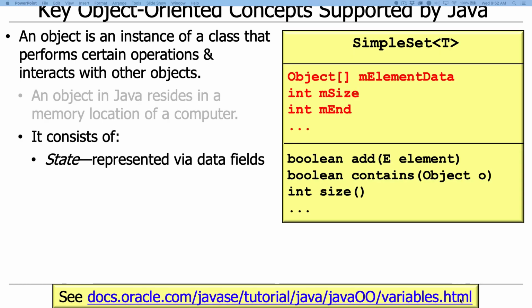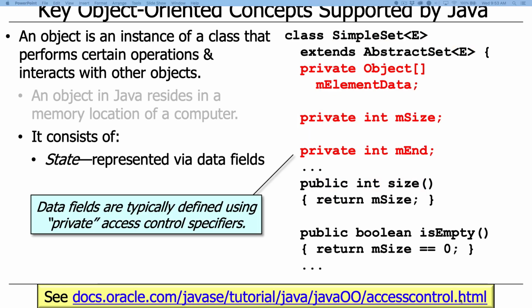If you take a step back from this, you can think of a class as basically containing state, which are the fields. These would be things like the element data, the size, and so on. And you can also imagine it containing these fields in ways that can be hidden or exposed with various degrees of granularity.